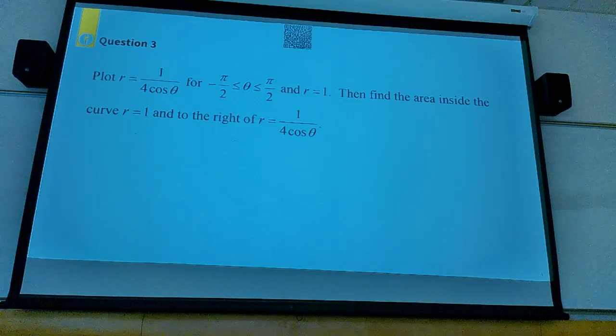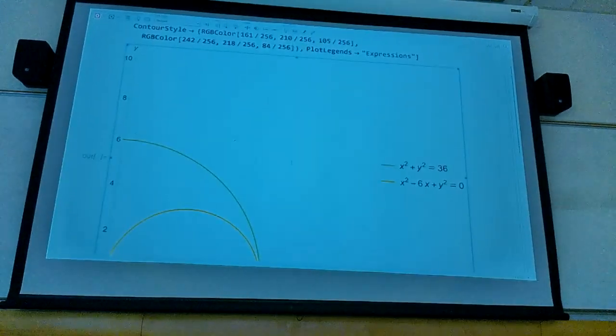Now plot this, and then find the designated area. Let's start with plot. In this case, because it was already a polar region, defined in polar, we use the polar plot command.